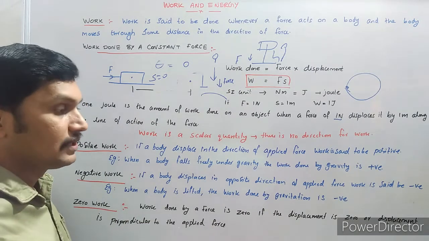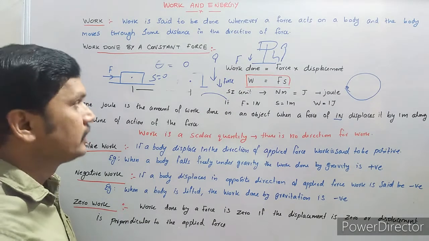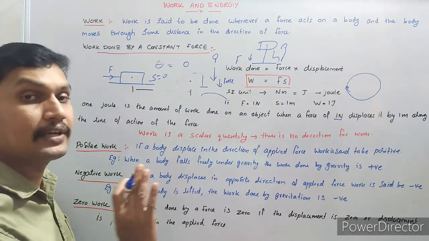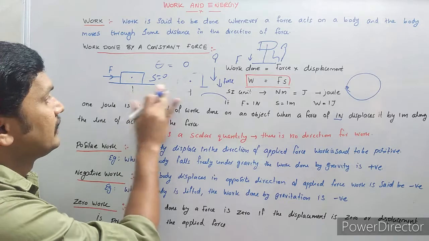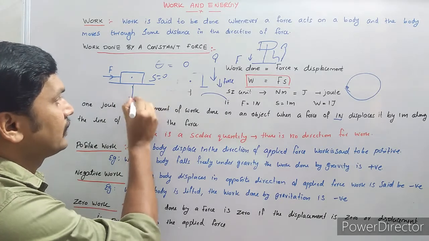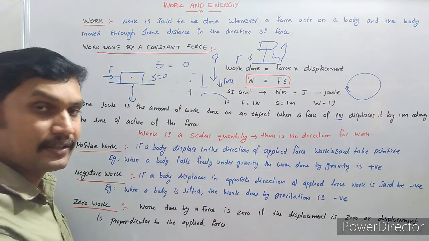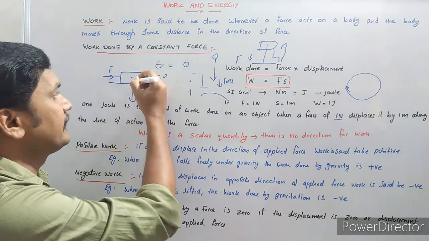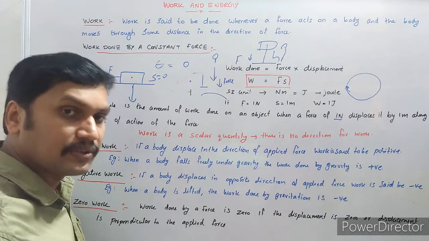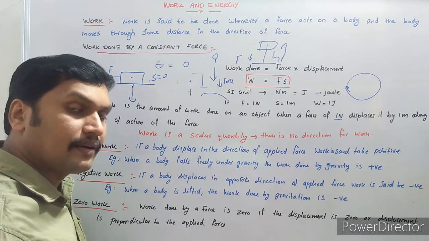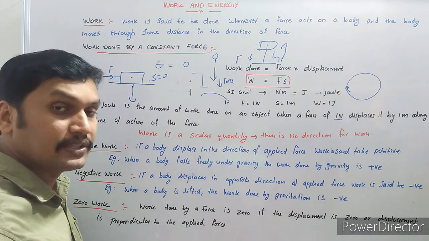Then another situation, the work can also be 0 if the force is acting perpendicular to the displacement. If the force is acting in this direction and the object is displacing perpendicular to the direction of applied force, that is, if the angle between the force and displacement is equal to 90 degrees, then we can say the work is equal to 0. So there are different possibilities for work to be 0.